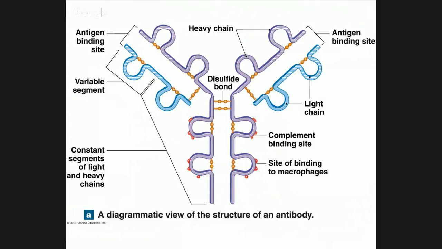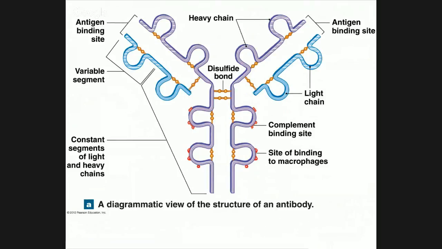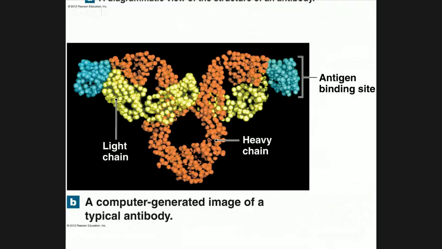So when an antibody is bound to the surface of an antigen, that can cause phagocytes to be able to ingest that thing a little bit easier, which is what we call opsonization.